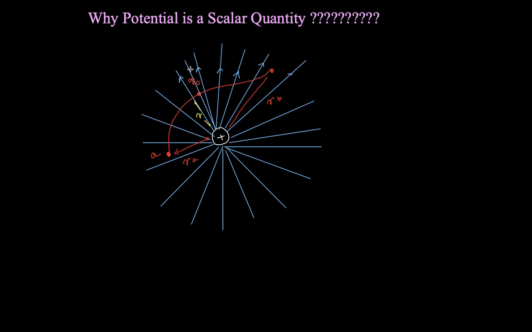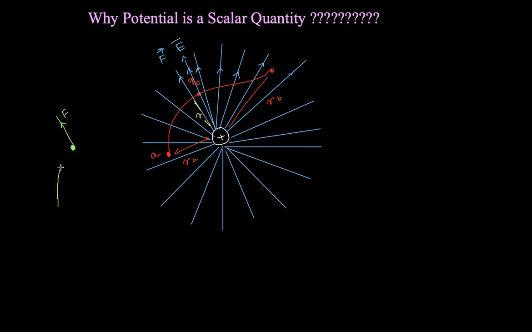There are so many field lines. So what is the direction of the force? The direction of the force is in this direction, because the electric field is in this direction, so the force is also in this direction. Here we can magnify it. So the force is in this direction.